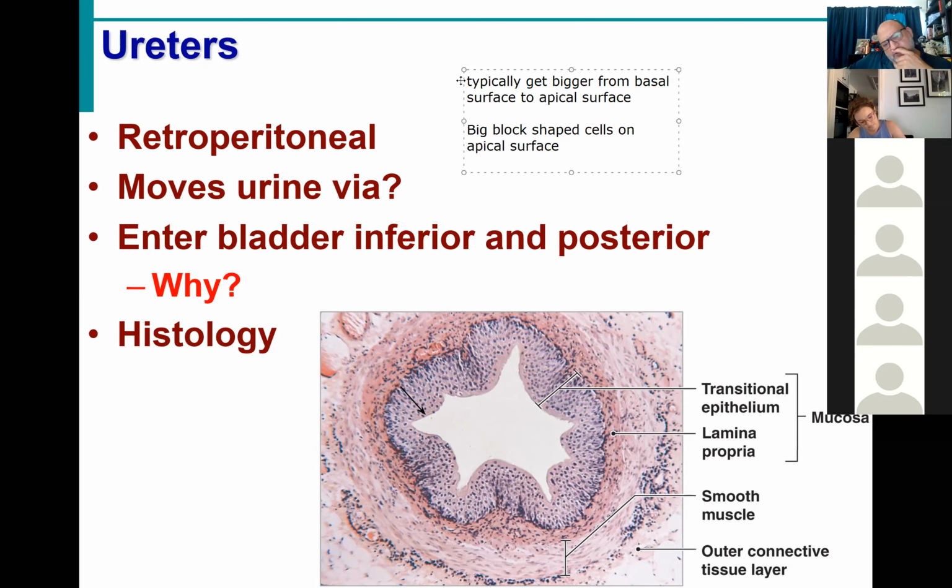I haven't looked closely to see if those are the case in this one. There we go. If you remember back to 430, there was one dead giveaway that you were looking at a transitional epithelial tissue. Does anybody remember what that dead giveaway was?